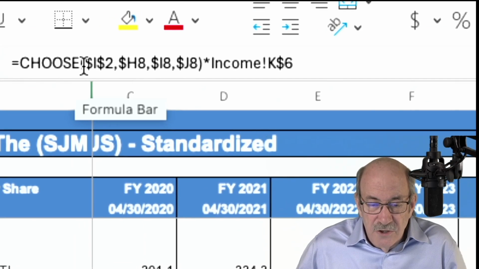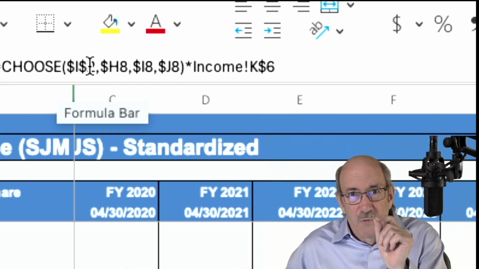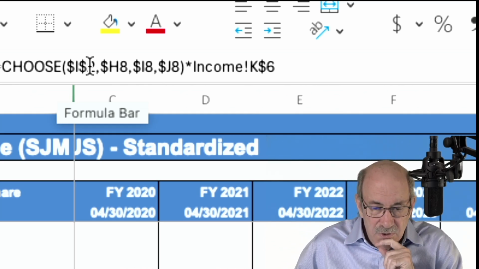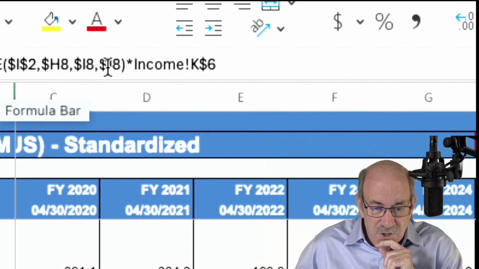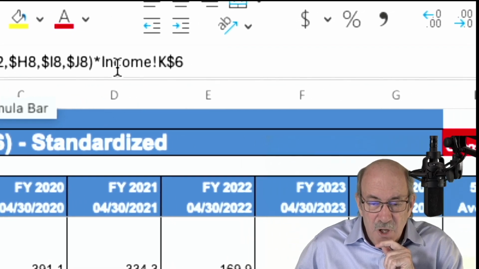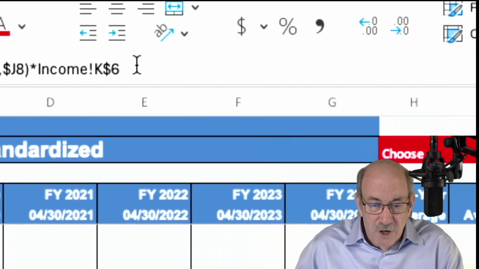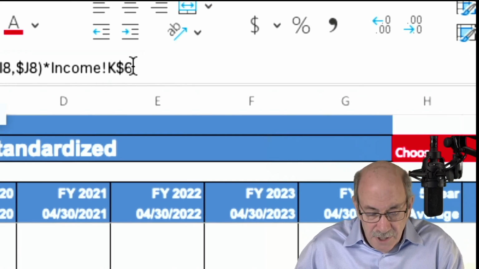So here I use that choose function. That first reference is the cell that is going to identify which column we're going to be using. And then here are the 3 cells, H8, I8, and J8. Then I'm going to multiply that by my revenue on the income statement.